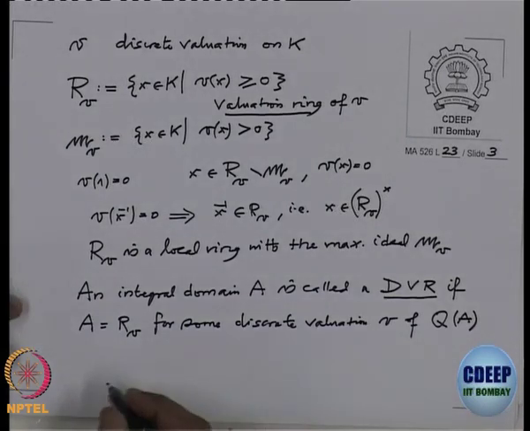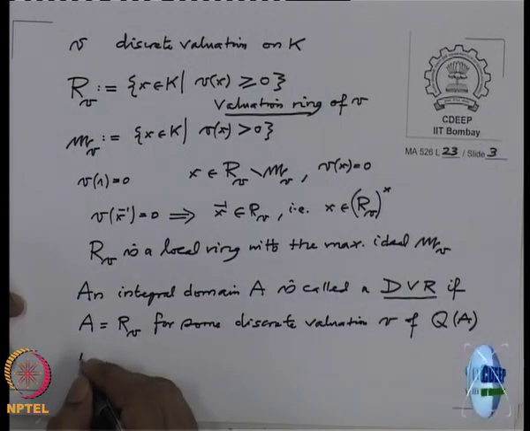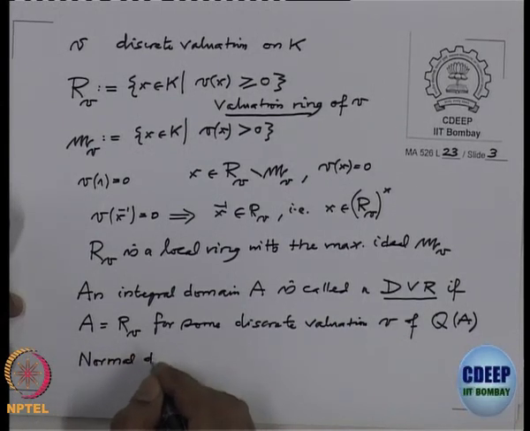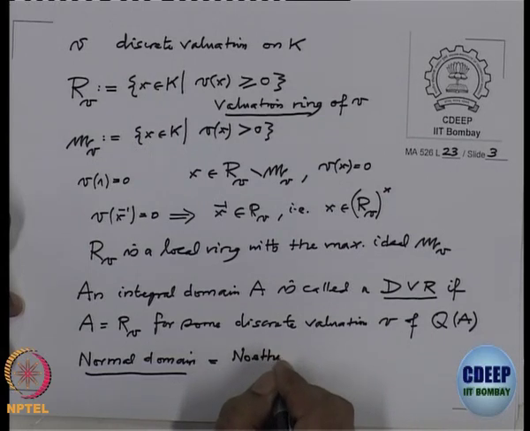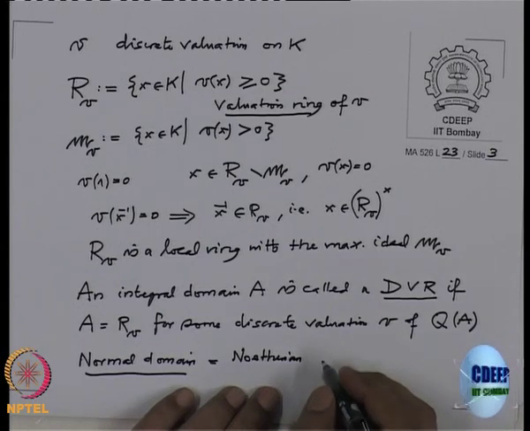And as usual, when we say normal domain, that includes the definition, includes it is Noetherian. So, I will just record again. Normal domain means this is Noetherian, integrally closed.